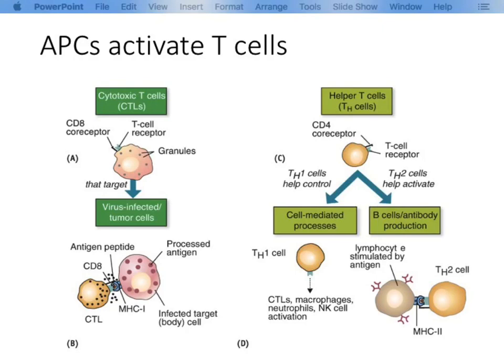There are some designated as T helper 1 that increase what we would call a cell-mediated response, and that cell-mediated response is phagocytosis. It's activation of cytotoxic T cells. It's a distinction that I don't think I'm concerned with you guys knowing.